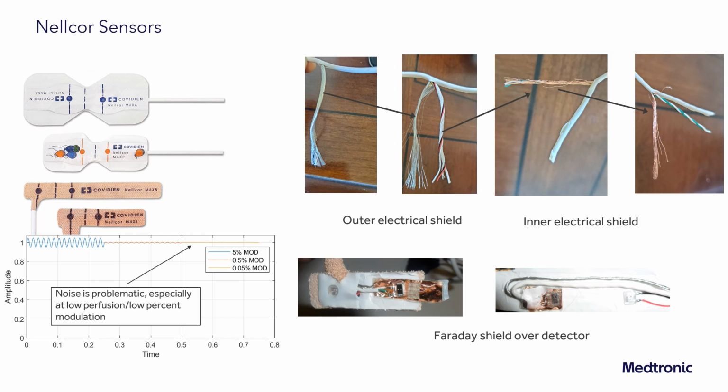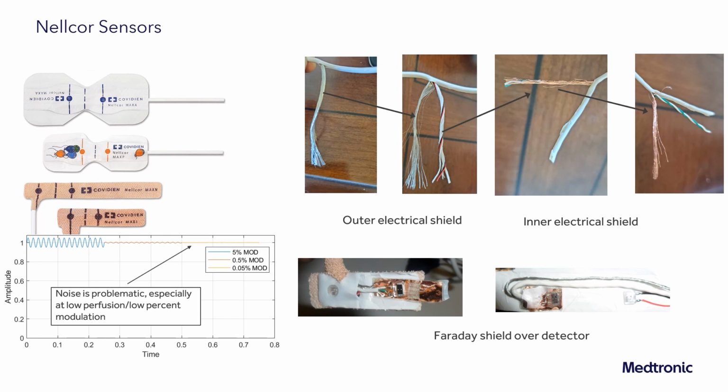Now, what's more is that photodiode we can see is covered with something called a Faraday shield. A Faraday shield has been specially designed to allow light to pass through to the photodiode, but block out any electrical noise on these signals.